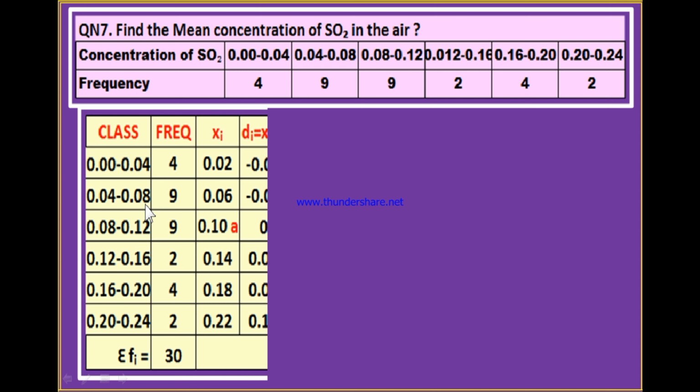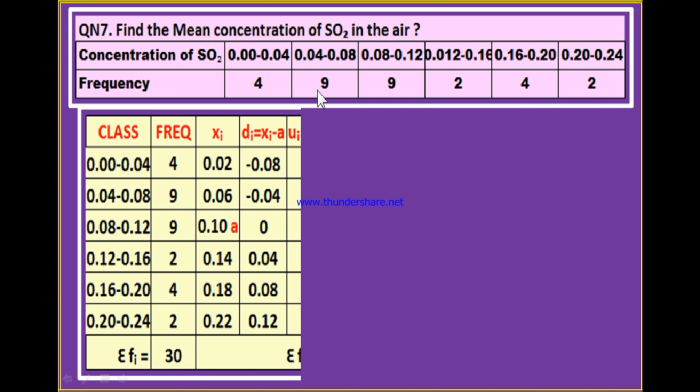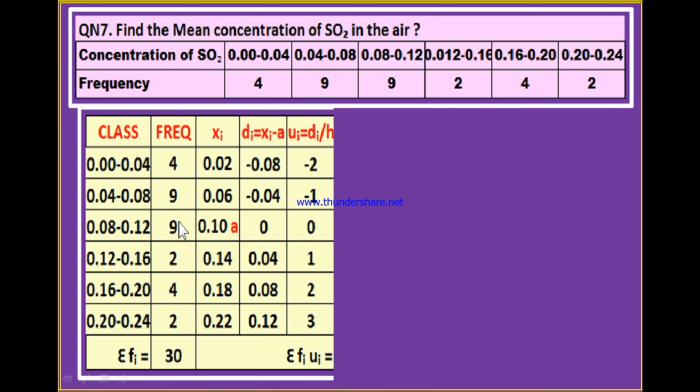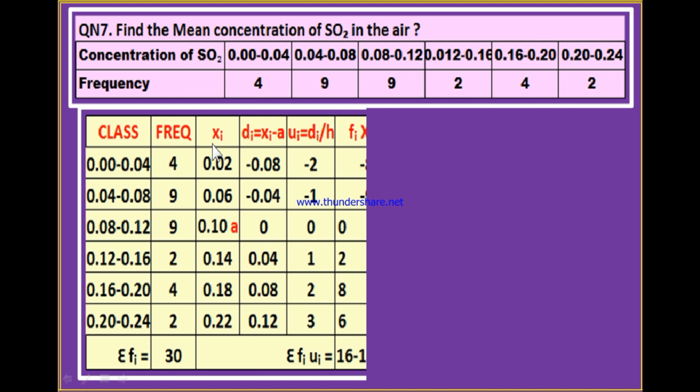These are the classes, and corresponding to these classes the frequencies are 4, 9, 9, 2, 4 and 2. Now let us consider the mid values xi.